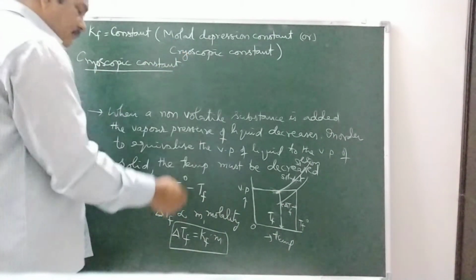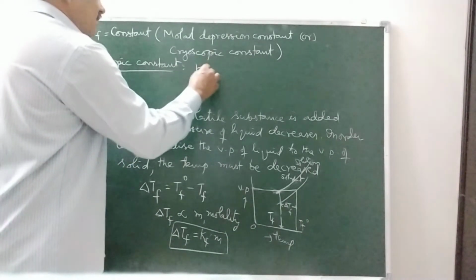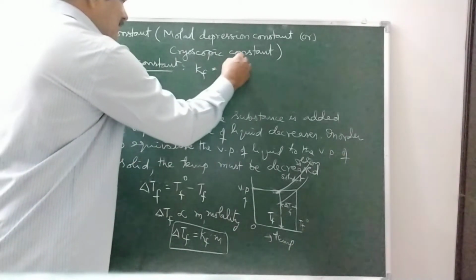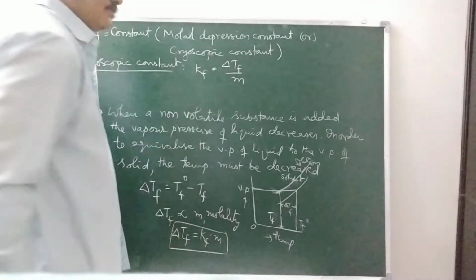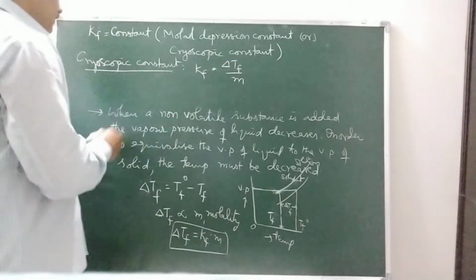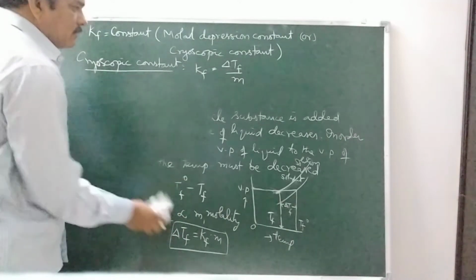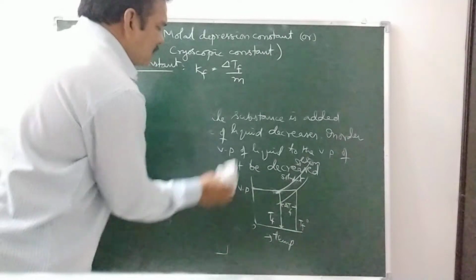From this equation, Kf is equal to delta Tf by m. So, if m is equal to 1, then Kf is equal to delta Tf.